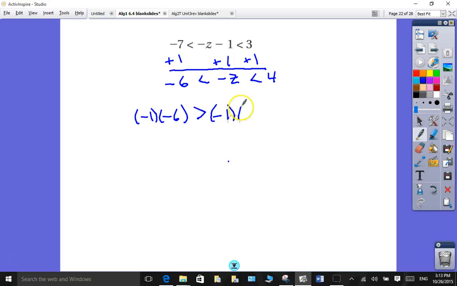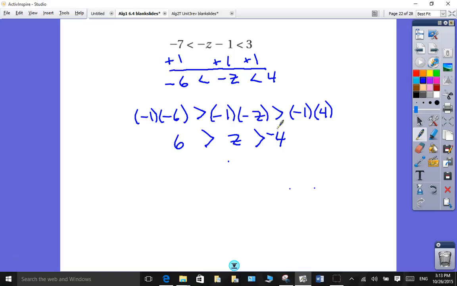Negative 1 times negative z is greater than negative 1 times 4. Simplify. Negative 1 times negative 6 is 6. Negative 1 times negative z is z. And negative 1 times 4 is negative 4.